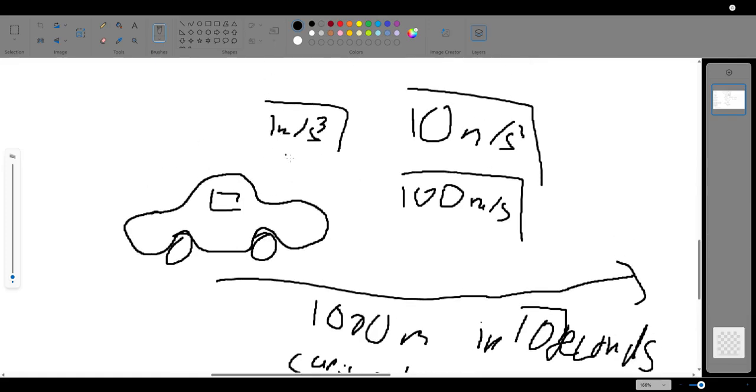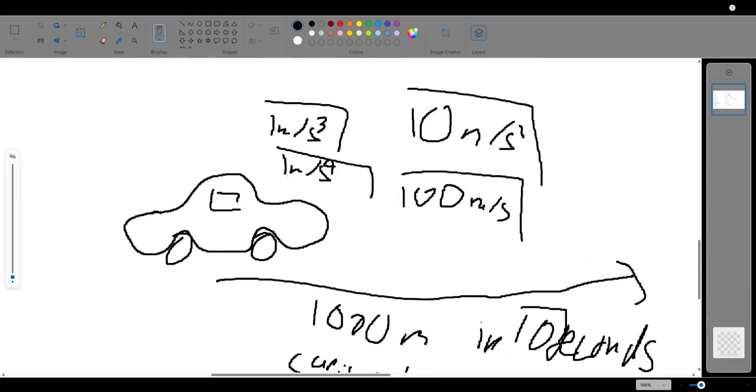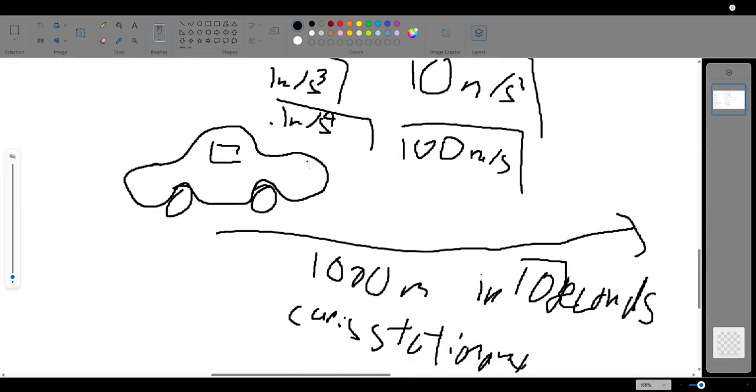But then in order to reach this, it would also have to reach 1 meter per second tesseracted. Or point 1. So then, the question is, where does it go?